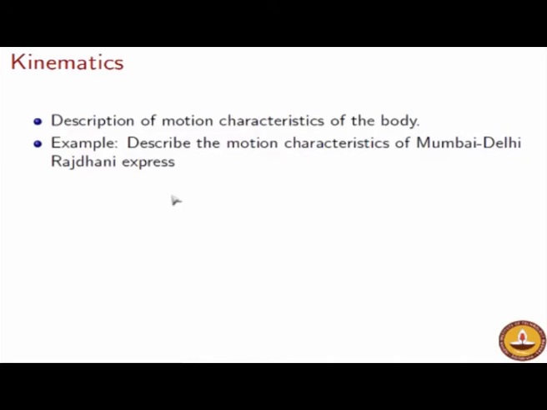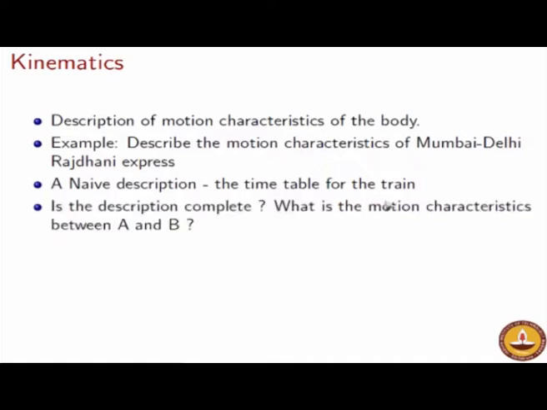You have said that it leaves Bandra at 4 o'clock in the evening and reaches Surat at 8 o'clock in the night, but what happens between Bandra and Surat is not known from the timetable. Whether the train runs fast, whether it runs dead slow, whether it is accelerating, whether it is decelerating, nothing is known about it. So such a naive description is not suitable for engineering purposes.